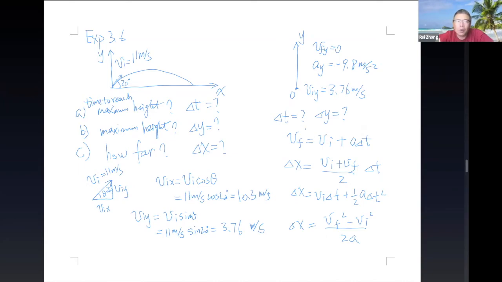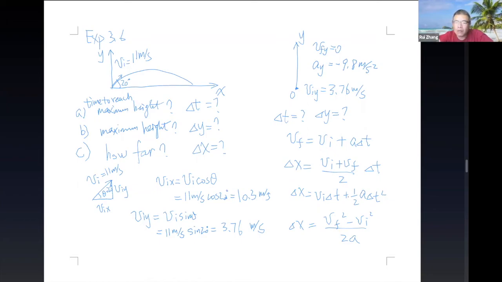It is up to you to realize that you could use those formulas for the Y direction, and you should plug in the corresponding Y components to those formulas instead of using this VI directly, because this is nonsense, right? Because this goes towards an arbitrary direction. It's not a one-dimensional motion, so you cannot use those formulas there. That's why I'm saying you need to understand the physical meaning behind the formulas to use them correctly, like what we're doing right now.